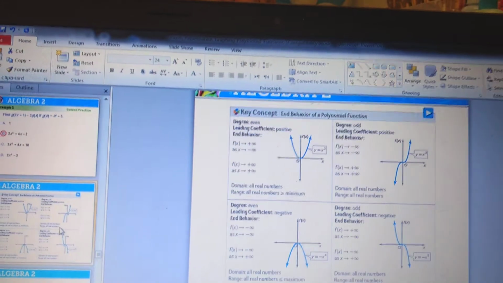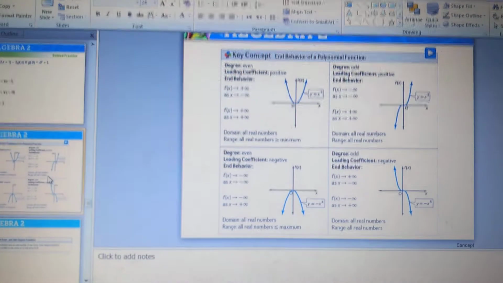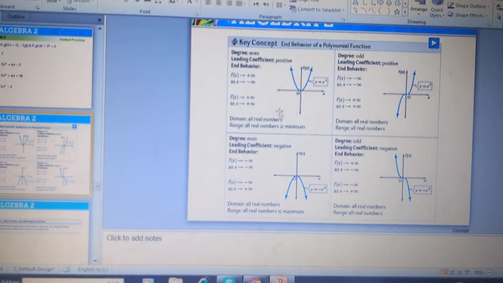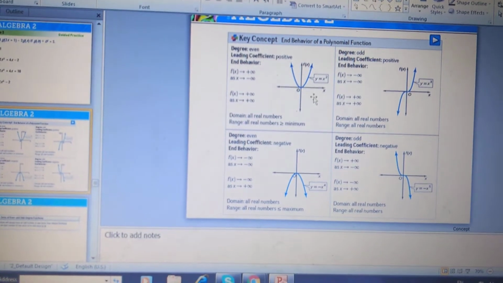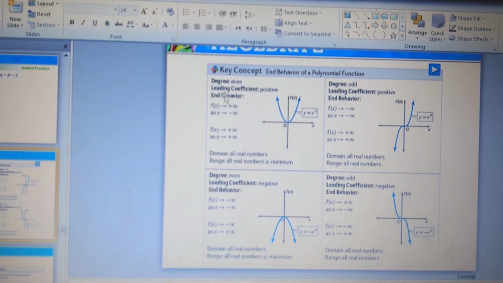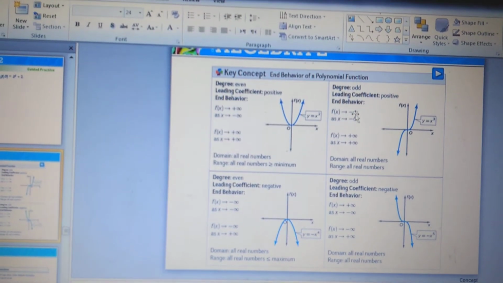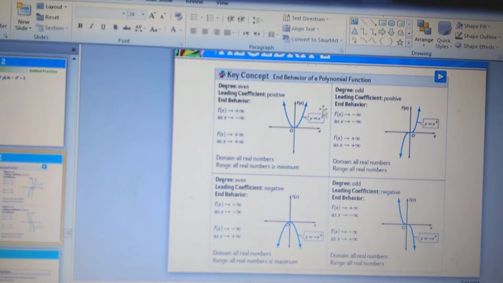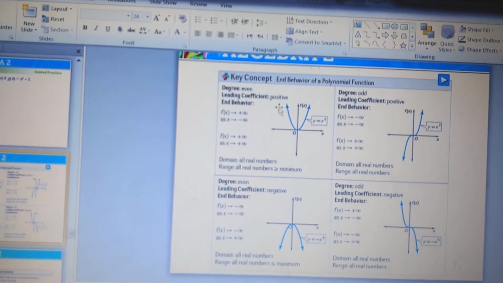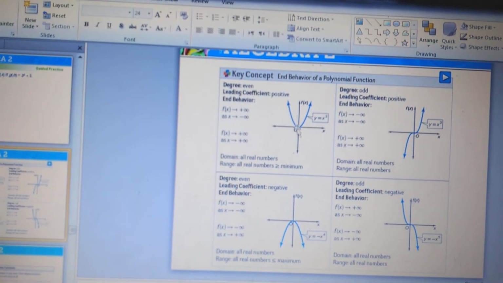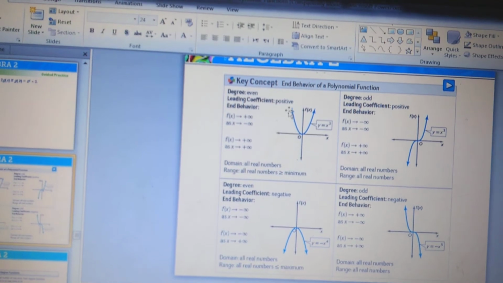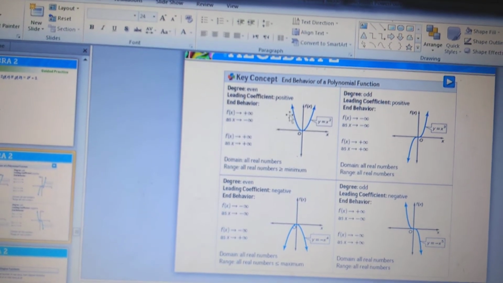Now we are going to the graph. Graphs are very, very important. And you can see we have fixed graphs, when the degree is even and when the degree is odd. When the degree is even and the leading coefficient is positive, you will get a curve or parabola, its direction upward. And the end behavior, of course, you can notice here.